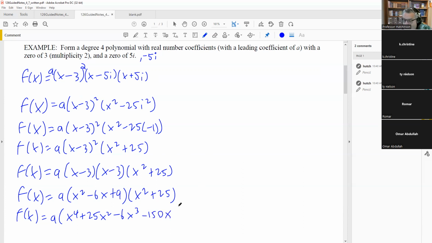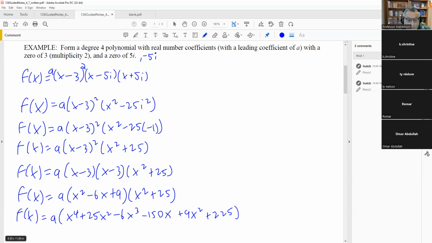Don't forget about the x there. Okay, and now we're going to do 9 times both of these things. So we're going to do 9x squared. And then 9 times 25 would be 225. And that's going to be it for that one on the end.